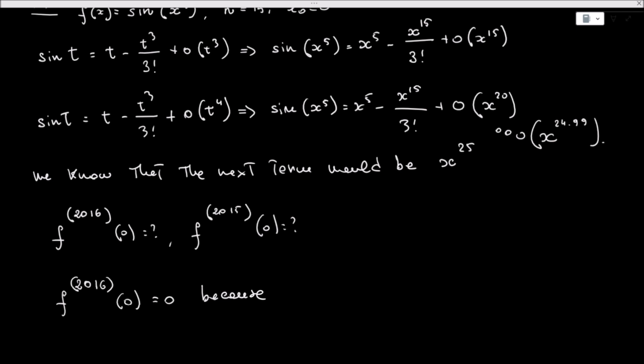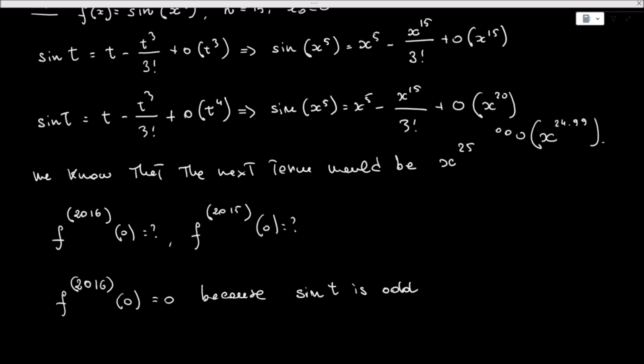because sine of t is an odd function, right? So clearly it will contain only odd terms, and if we take an odd term, whatever the exponent of t is, and we replace t with x to the 5, we always get an odd term.